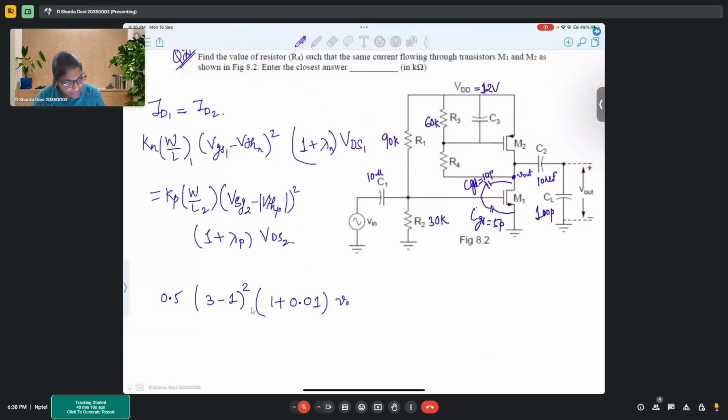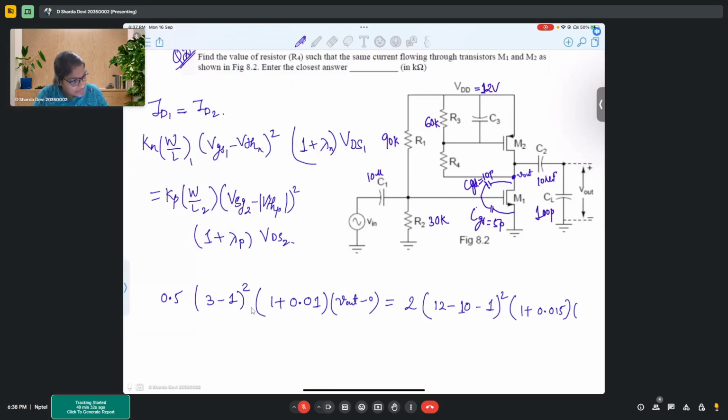VDS1 I can simply write as V out minus 0. This equals 2 into (VSG, that is 12 minus 10, minus 1) whole square, times (1 plus 0.015 VSD).